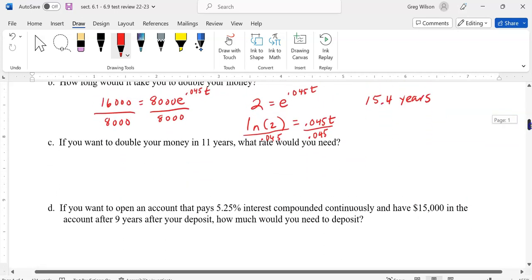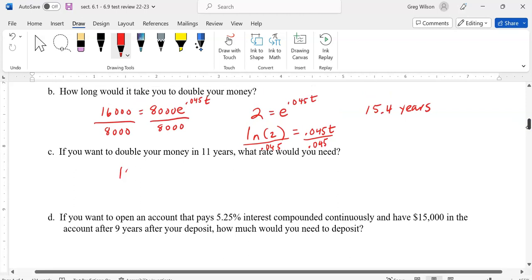All right, letter C, if we want to double our money in 11 years, what would the rate be? So basically B and C are very similar. We're just solving for two different variables, but the process is very much the same.